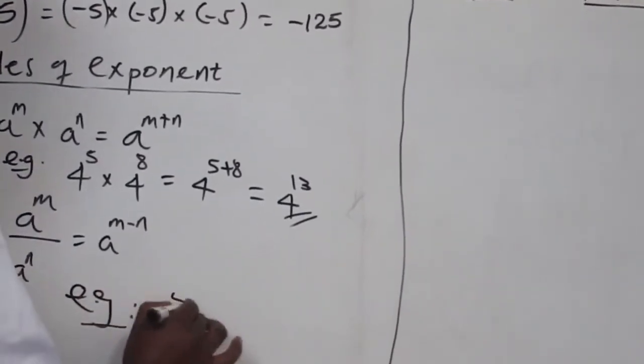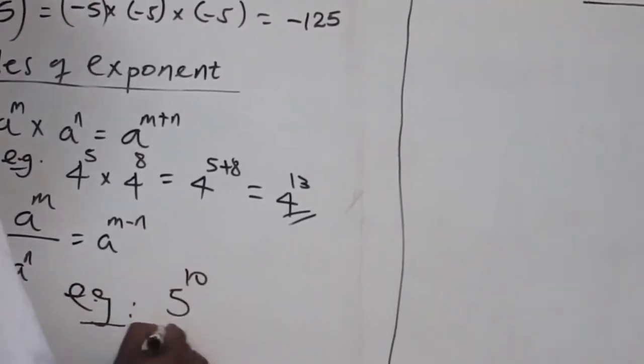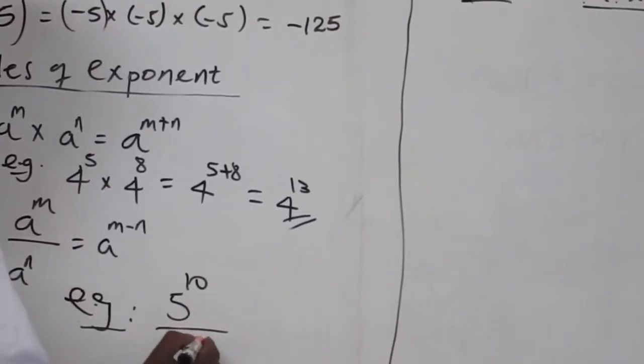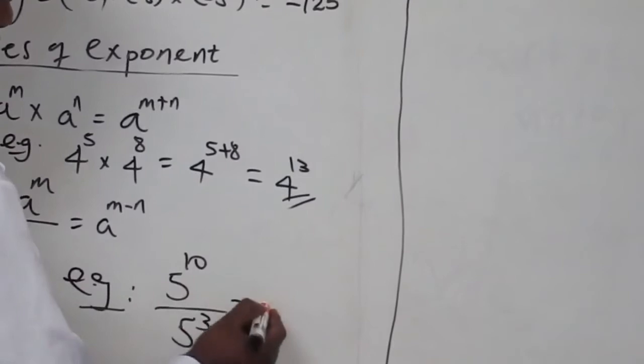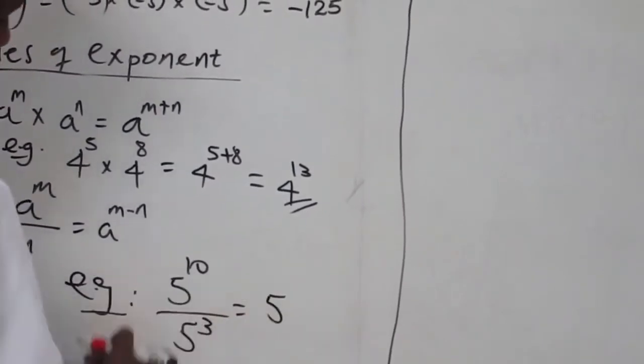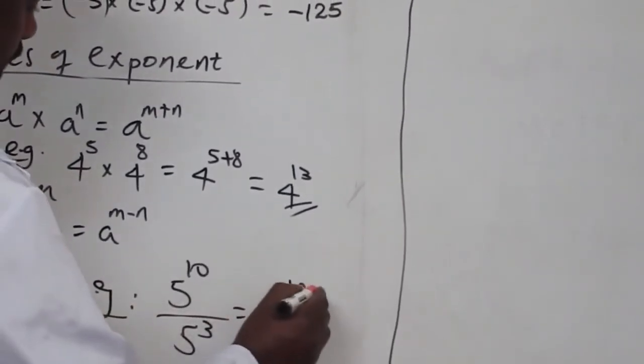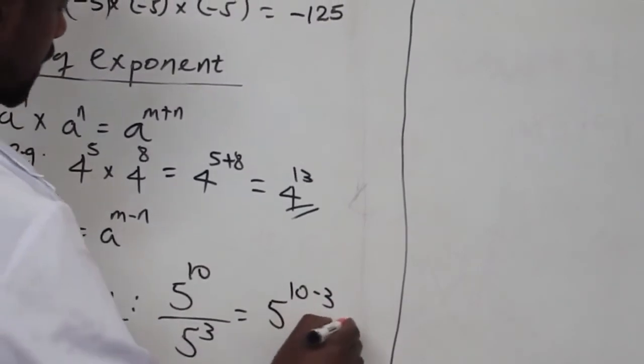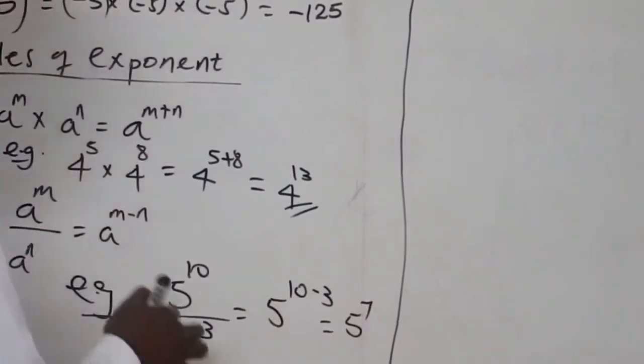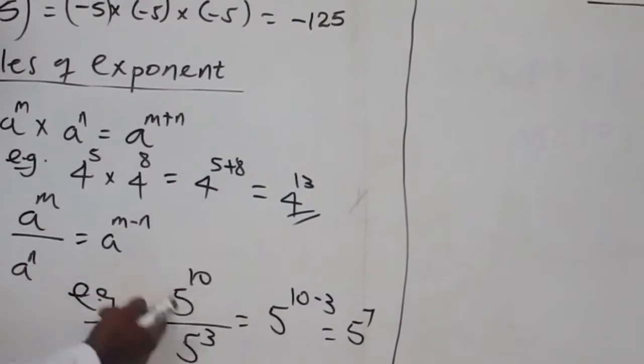Let us see the example. That is 5 to the power of 10 divided by 5 to the power of 3, for example. This is equivalent to 5 to the power of, you see, the same base, 10 minus 3, which is 5 to the power of 7. Or let me prove these numbers.